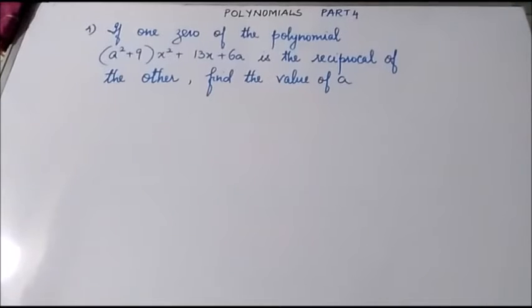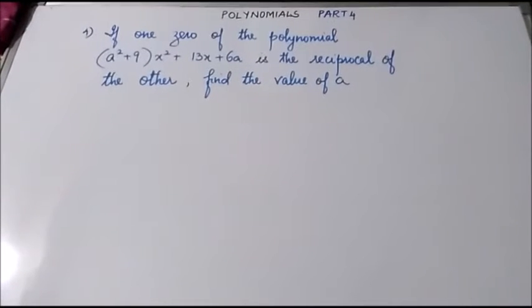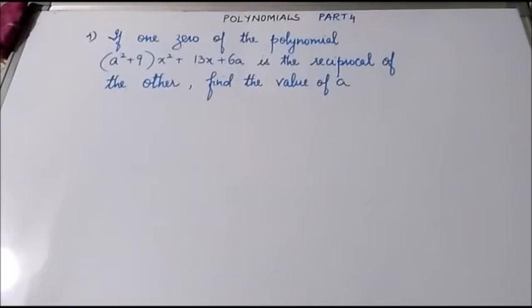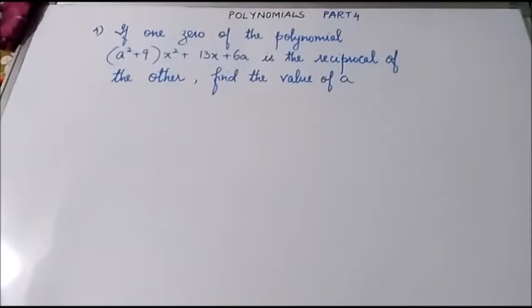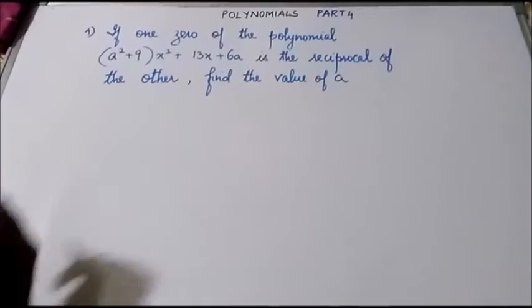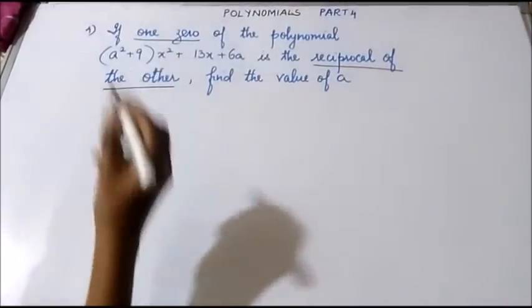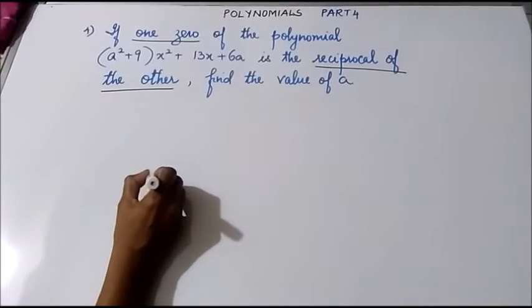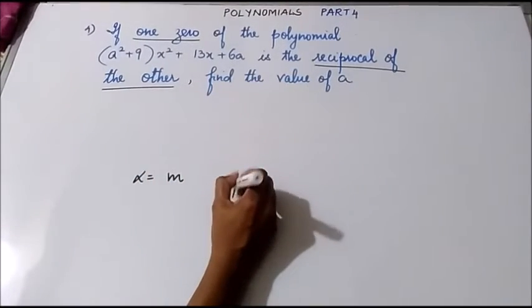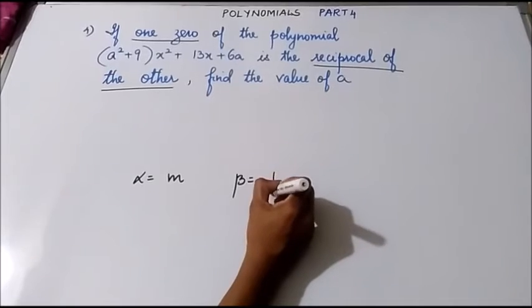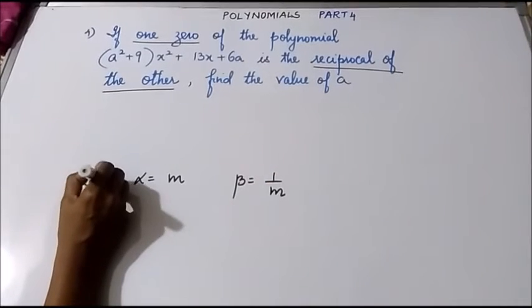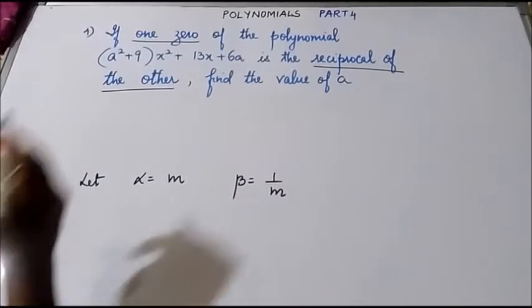Next question. If one zero of the polynomial (a square plus 9) x square plus 13x plus 6a is the reciprocal of the other, find a. Now it is given to us that one of the zeros is the reciprocal of the other. So if we take alpha is equal to m, beta will be the reciprocal of this, that is 1 by m. So here the polynomial is given.